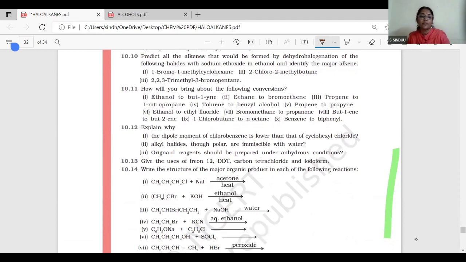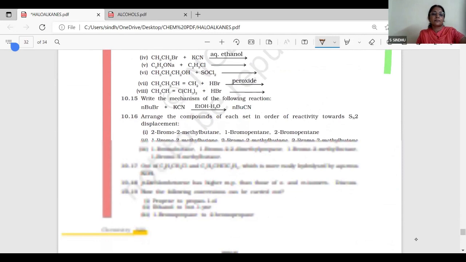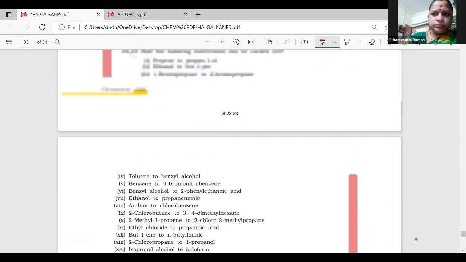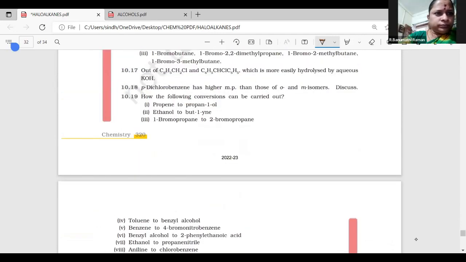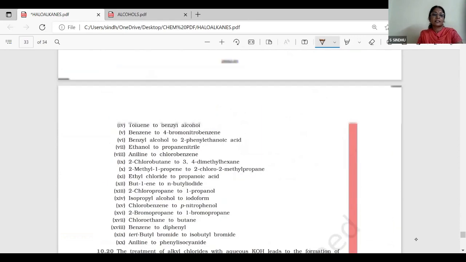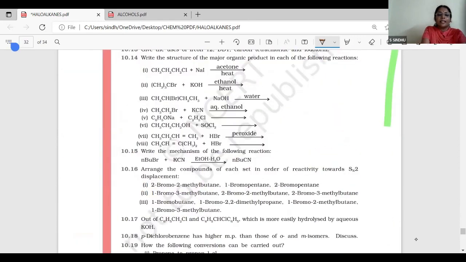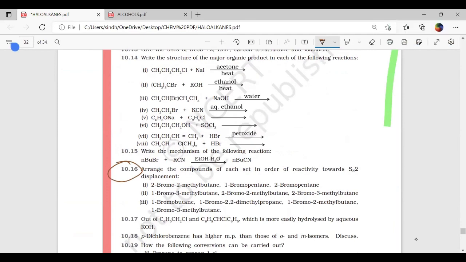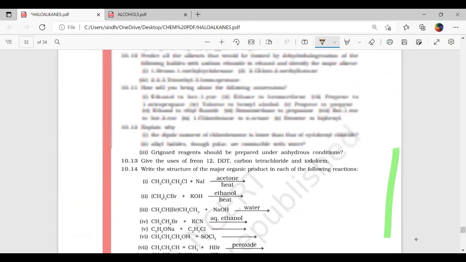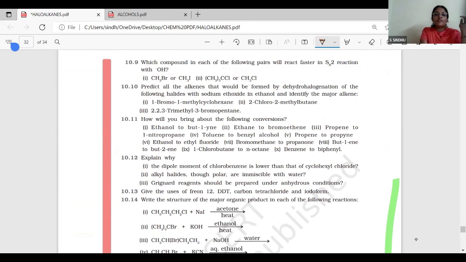Teachers, lot of conversions here, no? Question number 11 and question number 19 is full of conversions. And another one is this type of questions. Arrangement, order. Yes, ma'am. Conversions are all fine, ma'am.